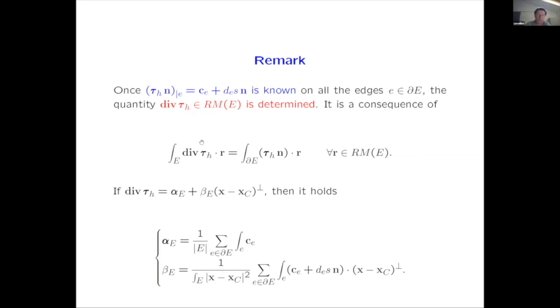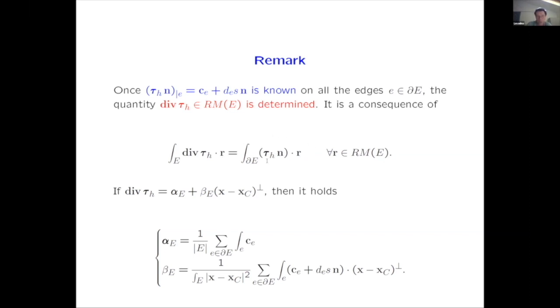And this is, of course, a consequence of the integration by parts formula, because if you consider this term here, in which you test your divergence, which is in the Rm space, with a test function which is again in the rigid body motions, and then you integrate by parts, then due to the symmetry of tau h, you see in integrating by parts only the symmetric part of the gradient of R, which is 0, and then everything that you see is just on the boundary.